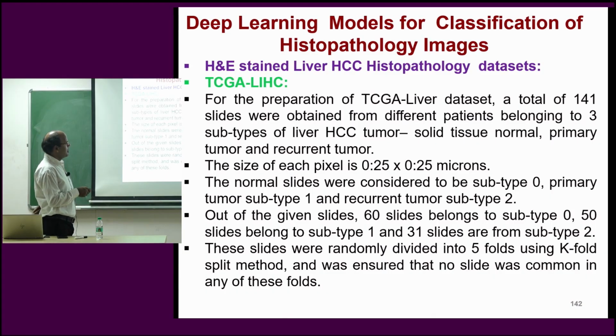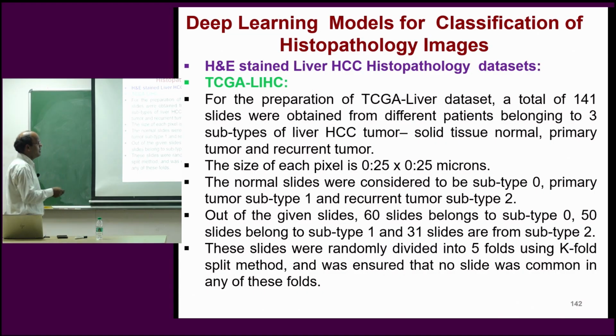In total we had 141 slides which we got from KMC, Kasturba Medical College, Mangalore, with different patients belonging to 3 subtypes of the liver: solid tissue normal, primary tumor and recurrent tumor. This is called TCGA. TCGA is a public data set, with many libraries you can download from the US.